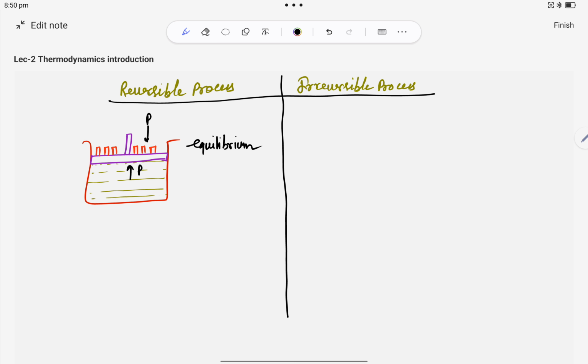Then what happened, children? If you remove one weight, then what happened? They are very small. Then equilibrium is disturbed. That means gas will expand.